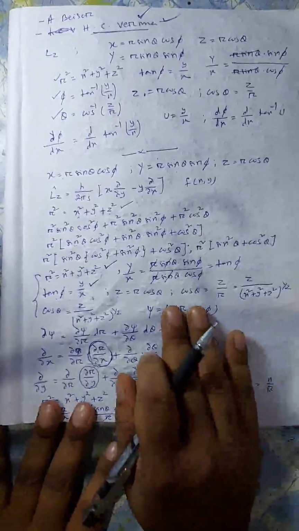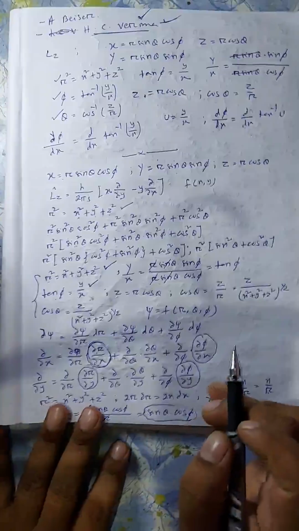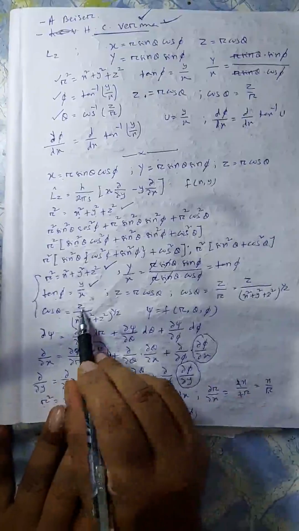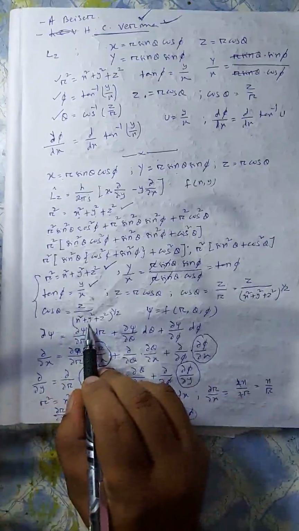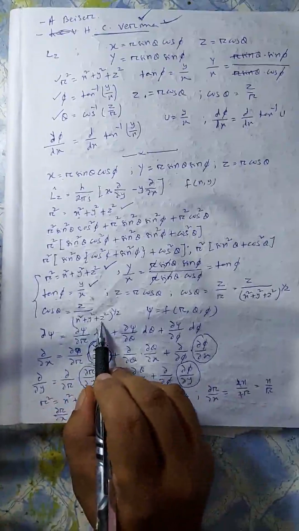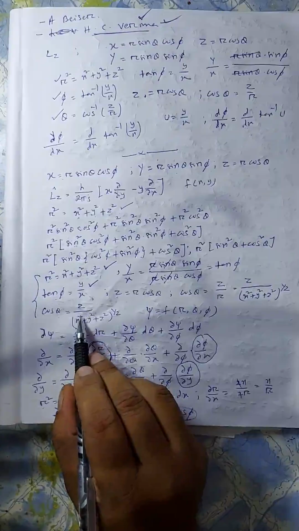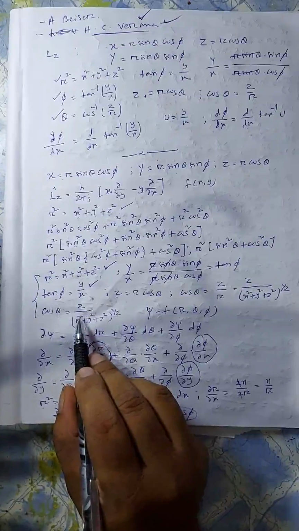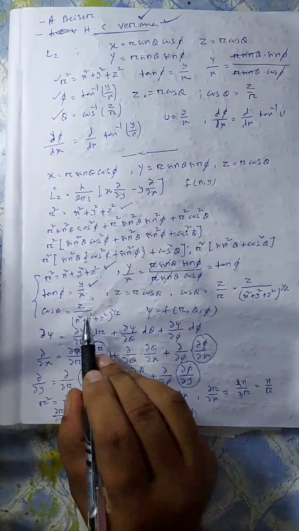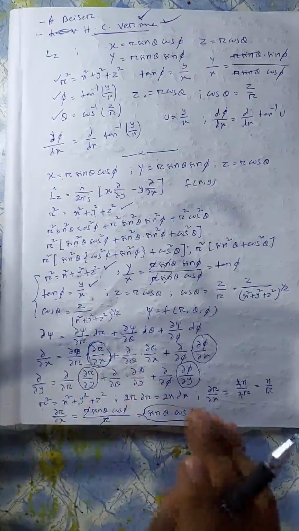For θ, what you take? Now cos θ is equal to z by (x² plus y² plus z²) to the power half. θ is equal to cos inverse of that. Okay, cos inverse of that, then that thing we have to take.